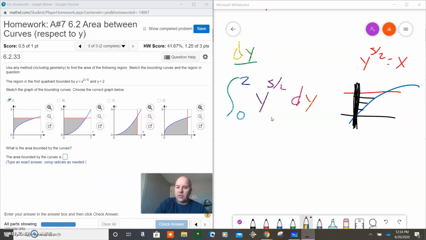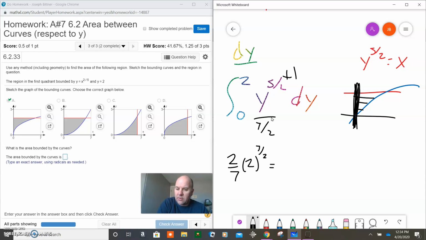So to finish this problem up, and again, just remember you have to add 1 to the exponent. You get 7/2 and then divide by that. I did get the answer of 2 to the 7/2 over 7/2, and again, I've already just plugged it in. Plug in 2 to the 7/2. That's really saying 128, and it's still doing the square root of that.